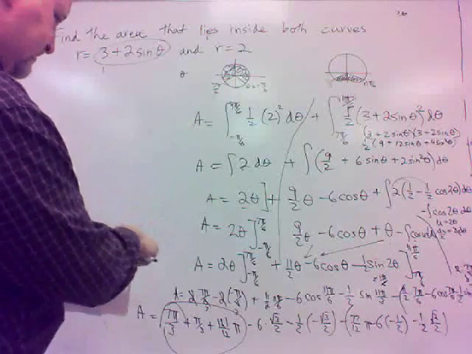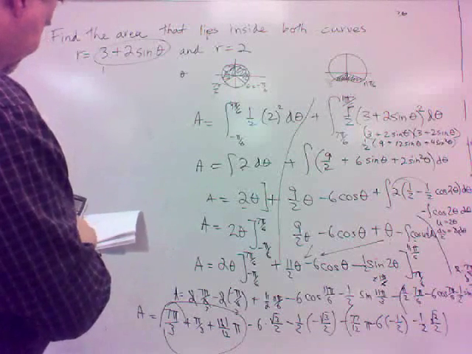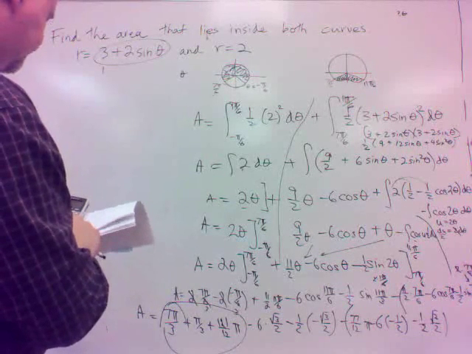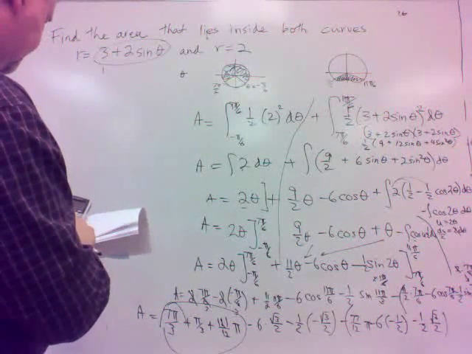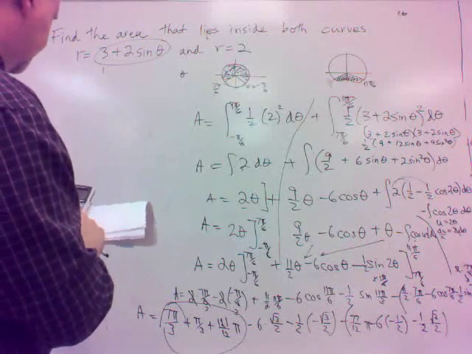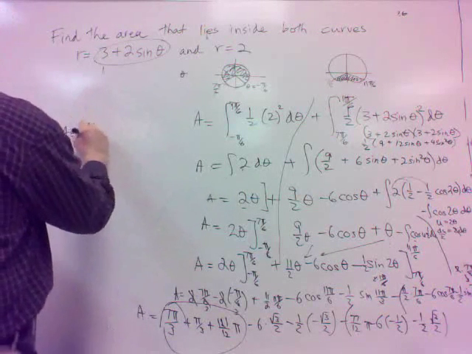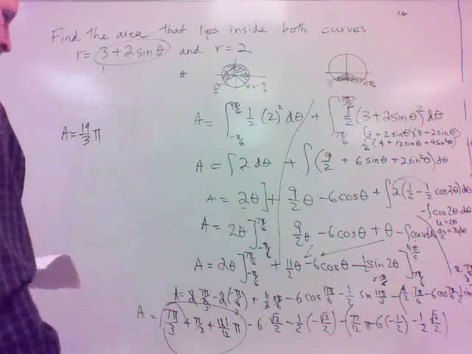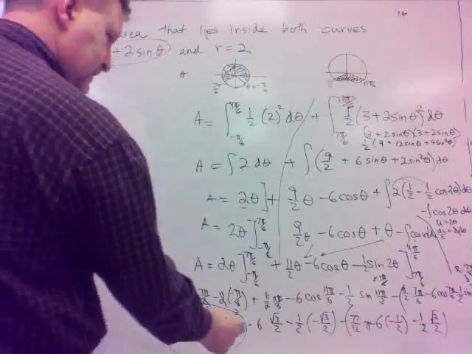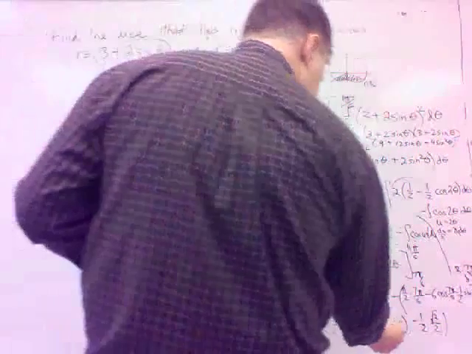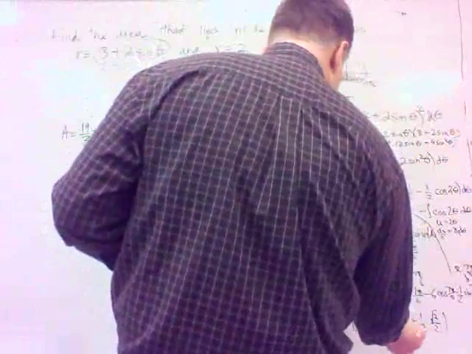These are all positive, right? Yep. 19/3 pi. Let's see. Well, that's just plus 3, so it's minus 3.